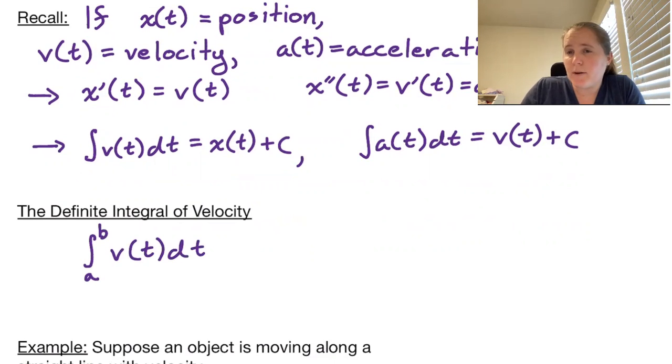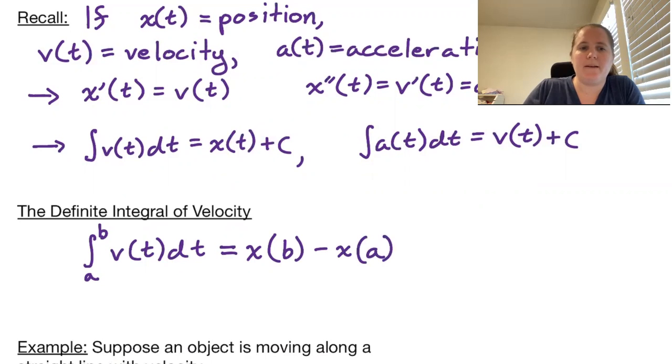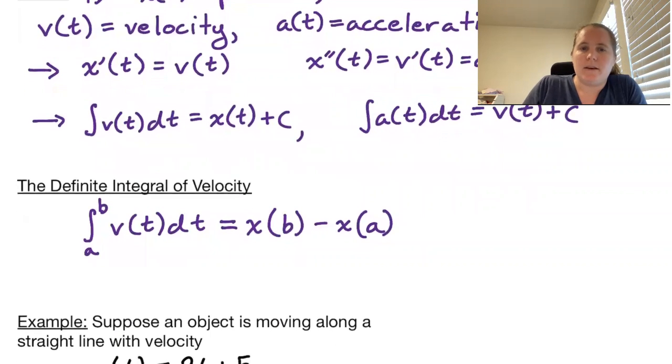By the fundamental theorem of calculus, as long as we have an antiderivative, we can just use the antiderivative and subtract. So the position function is an antiderivative of velocity. So this would just be x of b minus x of a. Again, using the fact that position is an antiderivative of velocity.